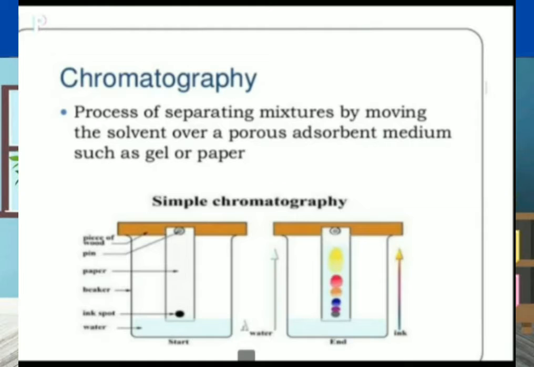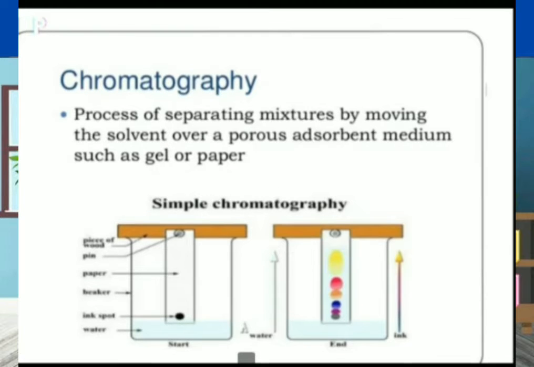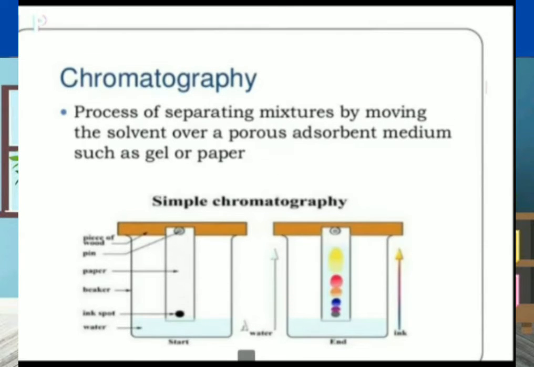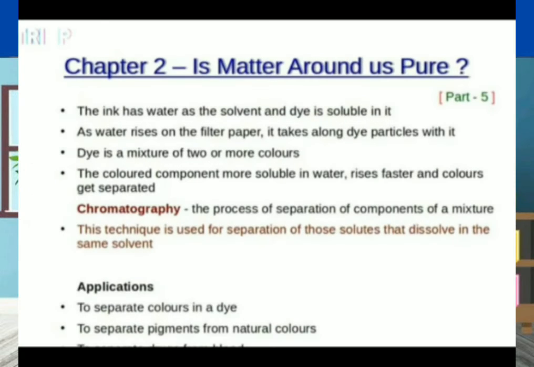This process of separation of components of a mixture is known as chromatography. From this we can understand that the ink has water as a solvent and the dye is soluble in it.